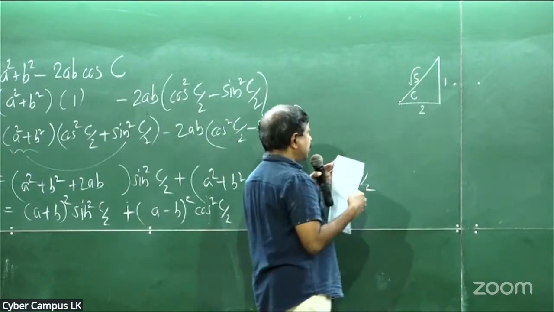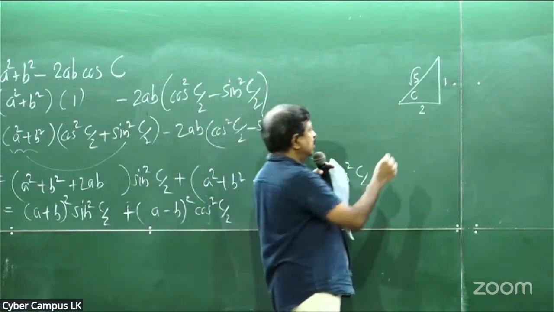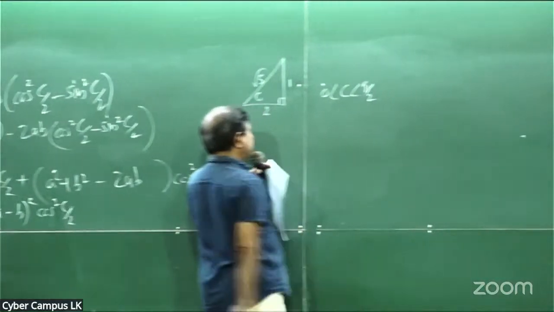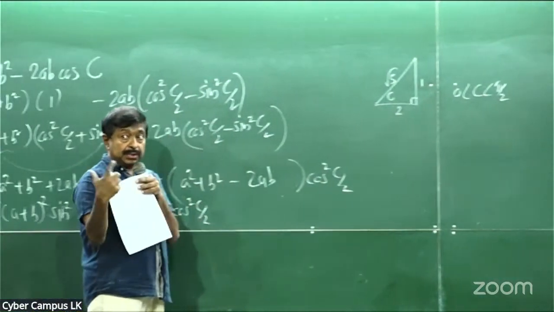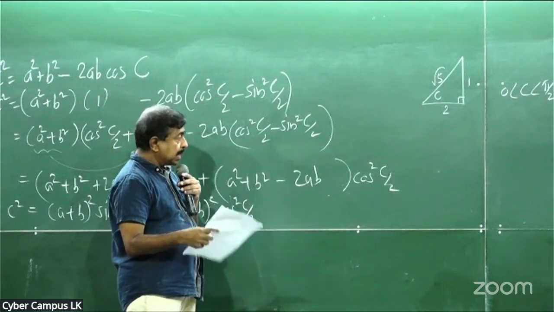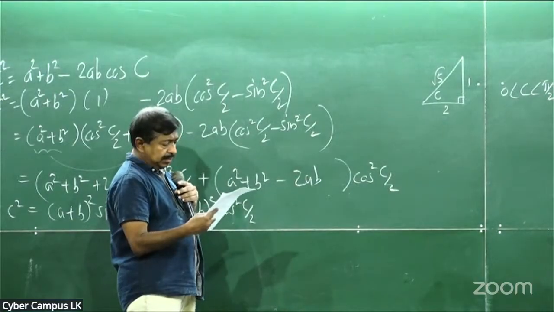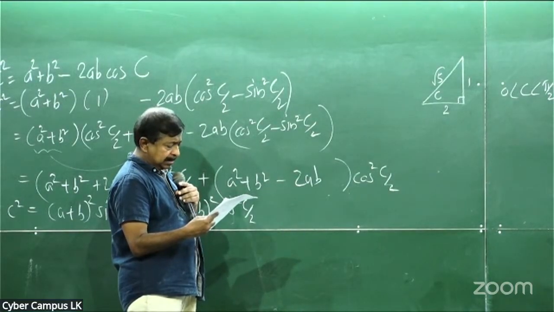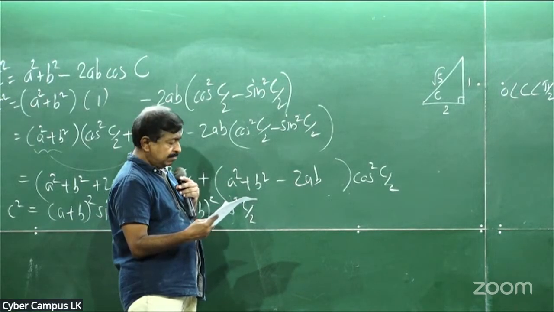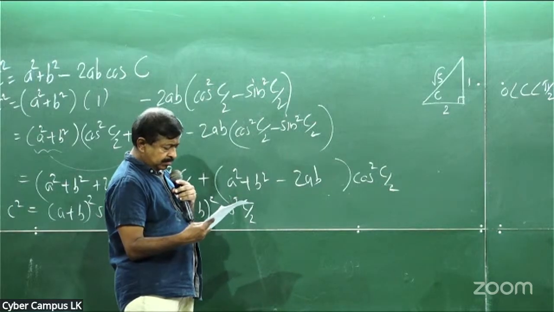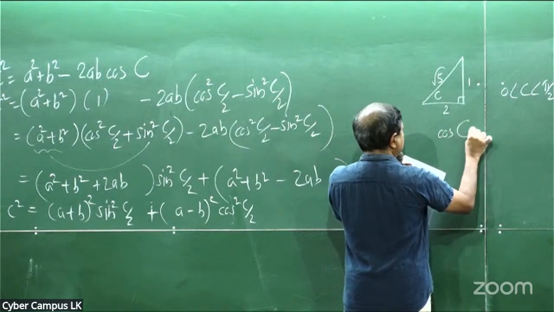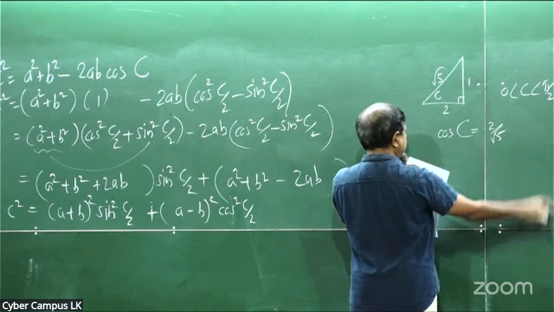This is square root 5. You see it's an acute angle because C is given in terms of an inverse tan. So it should be an acute angle. You have to find C. So cos C is 2 over square root 5.